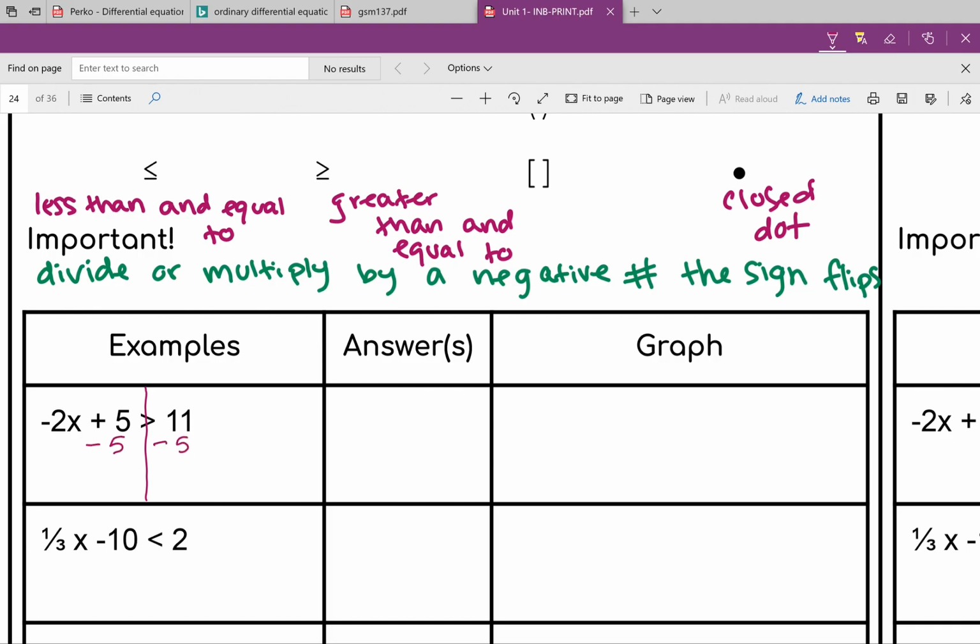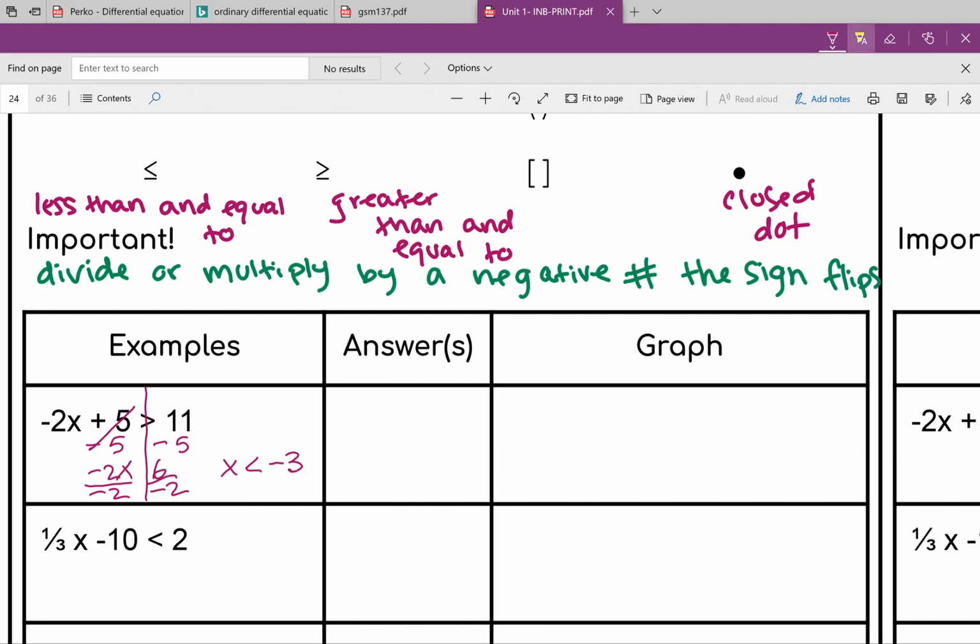So I'm left with negative 2x on this side, and 11 minus 5 is 6. And then I'm going to divide by a negative 2. So since I am dividing by a negative 2, my sign is going to flip. So I have x is less than negative 3.